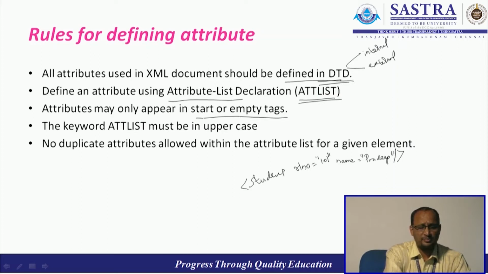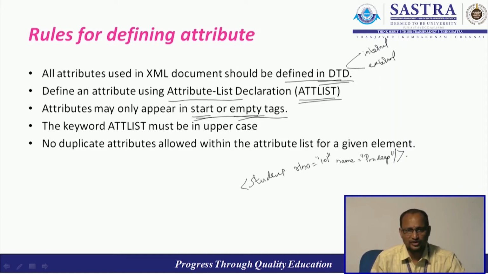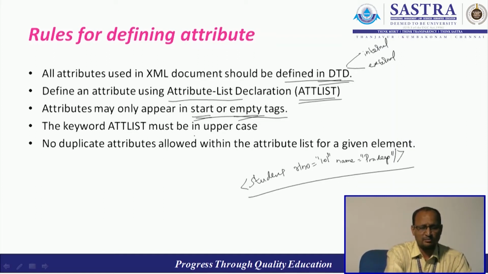Attributes may only appear in the start tag, that is the opening tag, or the empty tag. This is considered an empty tag because it doesn't have any child or text, so I can say this element is an empty element. ATTLIST must be in uppercase alone. This is about the XML document.